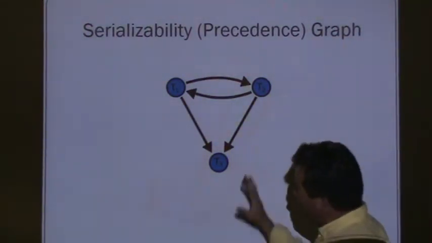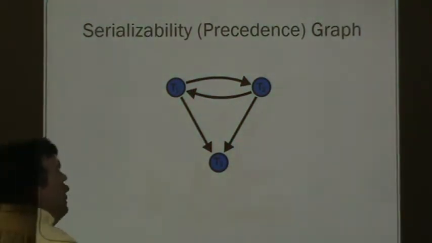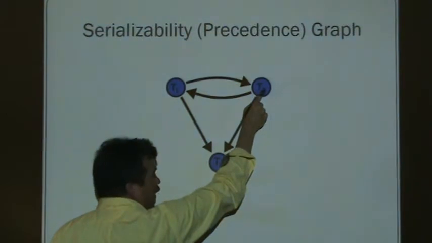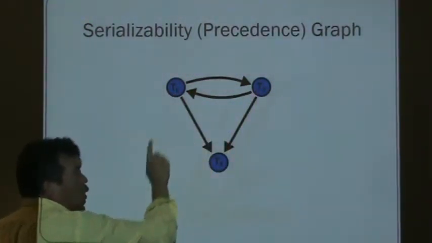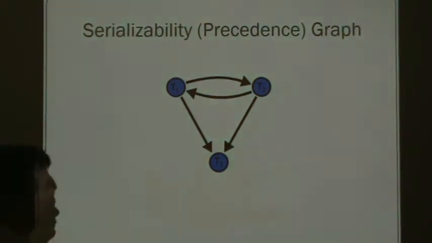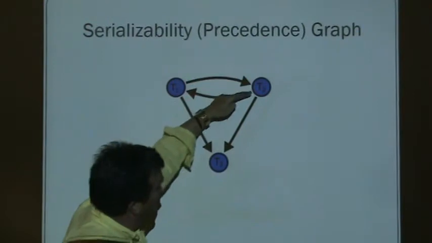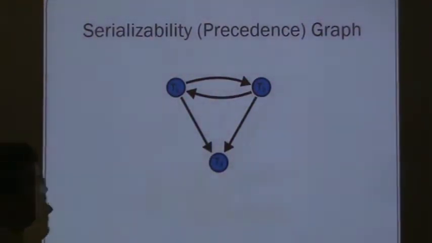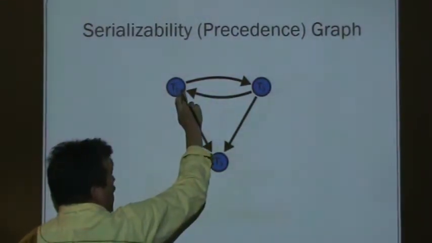So, in this particular graph, we're basically saying that transaction 1 must complete before transaction 2 can complete, and transaction 2 must complete before transaction 1 can complete. So these two are going to have a problem, and then transaction 3 requires that transaction 1 and transaction 2 must complete first.